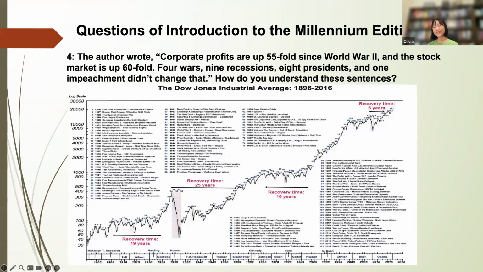Okay. Yeah, great, Isabella. Personally, how I understand these sentences is the market will recover, even if there's a lot of bad things happening, recessions or wars or impeachment stuff, or some really big recession. Eventually the market will recover.